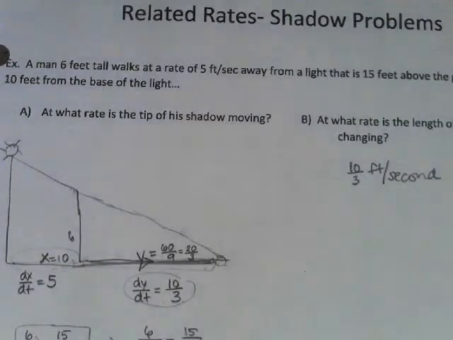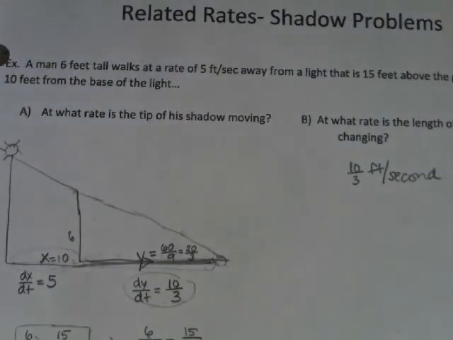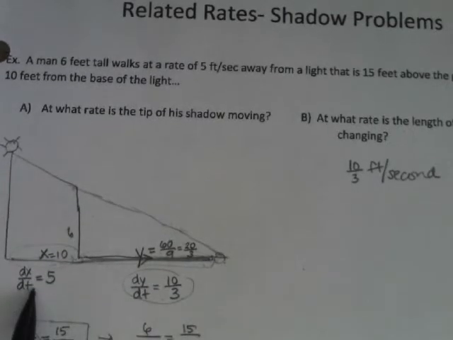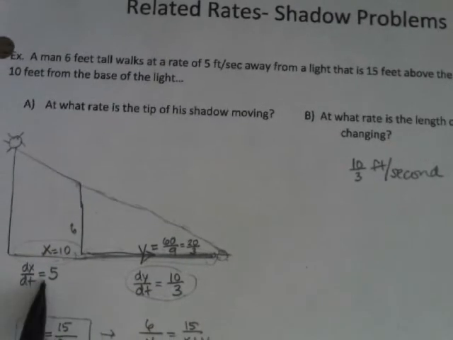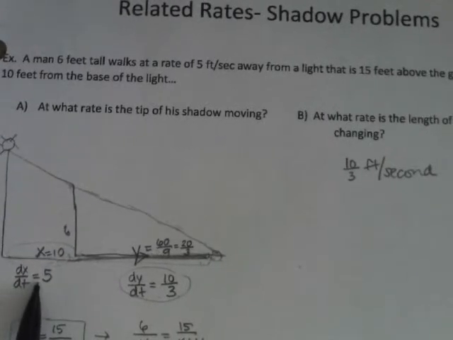With the rate at which the tip of the shadow is moving, there's two things playing into that. Number one, he's walking at this rate, so the tip of the shadow has to be moving by at least the same rate as he's walking. And on top of that, as he's walking, the shadow is also growing.